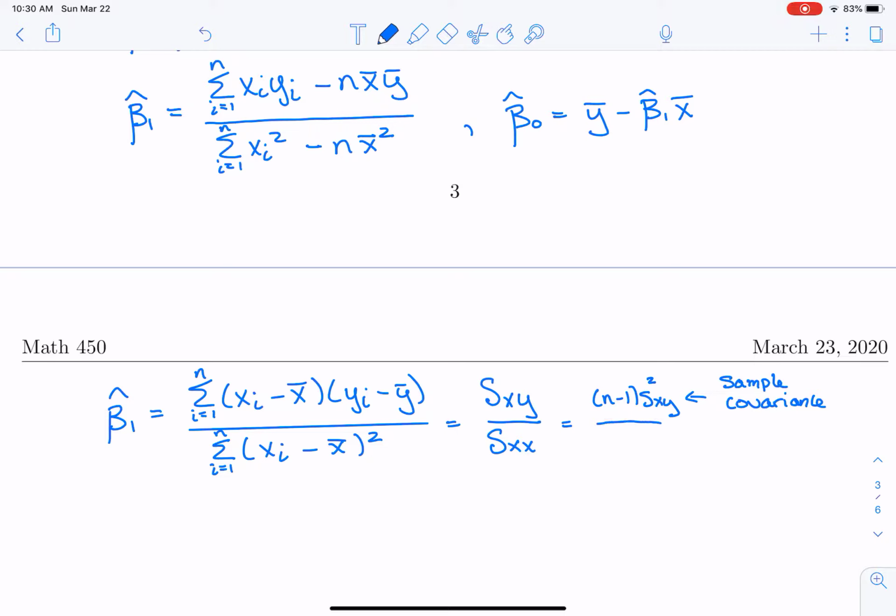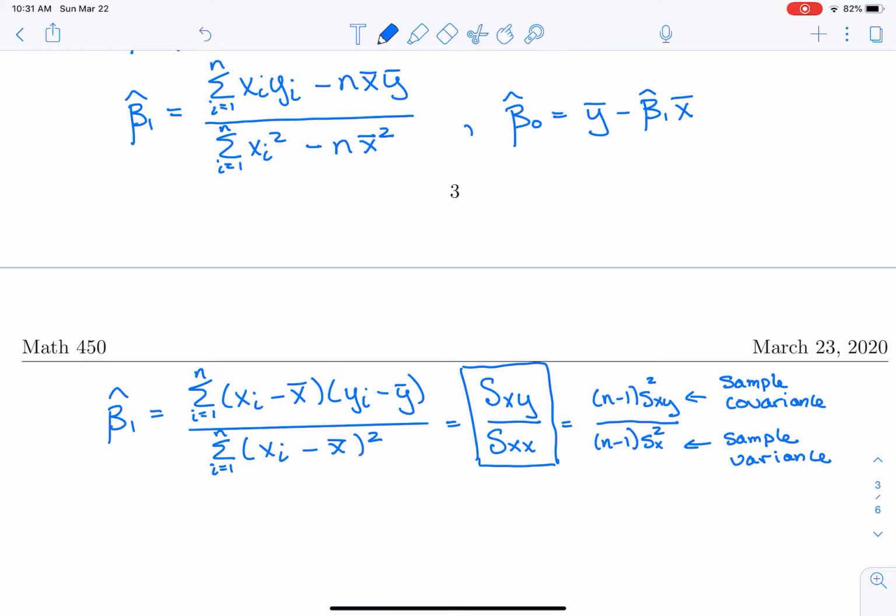And then the denominator, we could write that as being n minus 1 times s of x squared. And that would be the sample variance. So by writing things this way, we're really getting them in terms of two things that we can easily calculate on the computer, something like sample covariance and sample variance. But your book likes to use these terms, capital S sub xy and capital S sub xx.